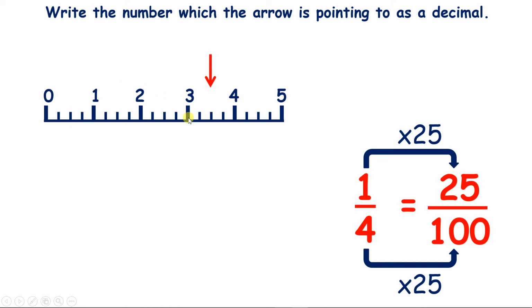Now here we have 3 and 2 quarters. Remember, 2 quarters is the same as 50 over 100, so we have 3 and 50 over 100, which we can simplify to 3 and 5 over 10, so we have 3.5.